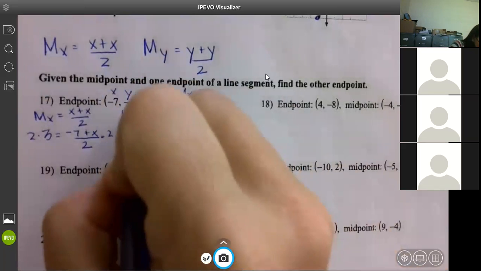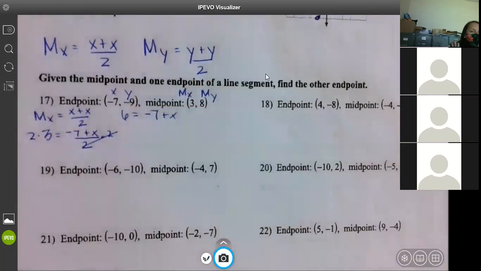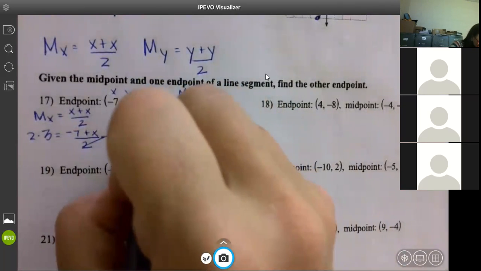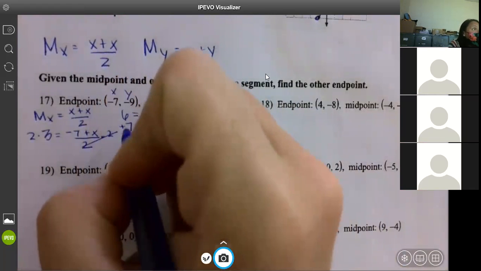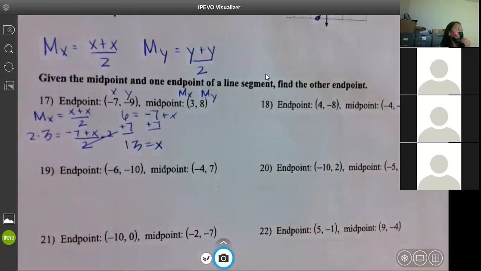I get 6 equals -7 plus x. How do I get that 7 to the other side? Add 7. Thank you. I get 13 equals x. That's the x coordinate of your other endpoint.